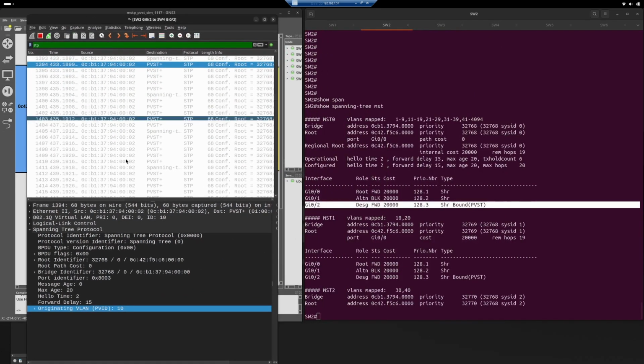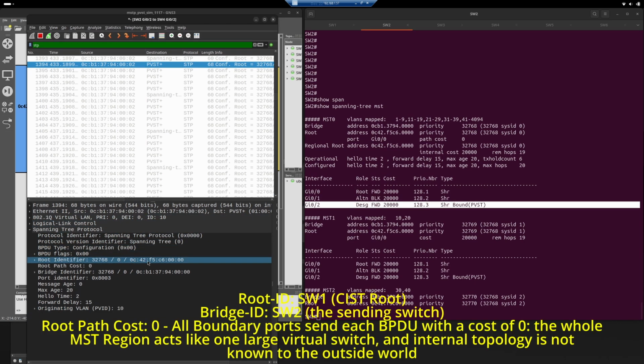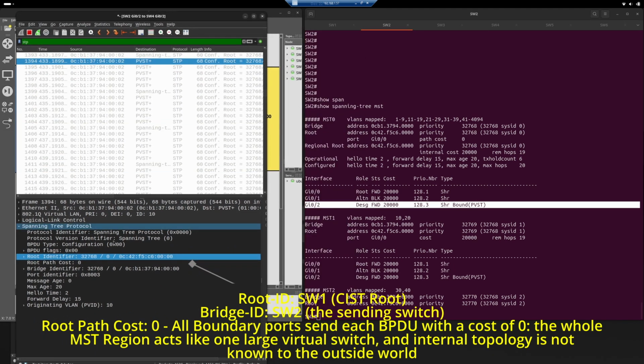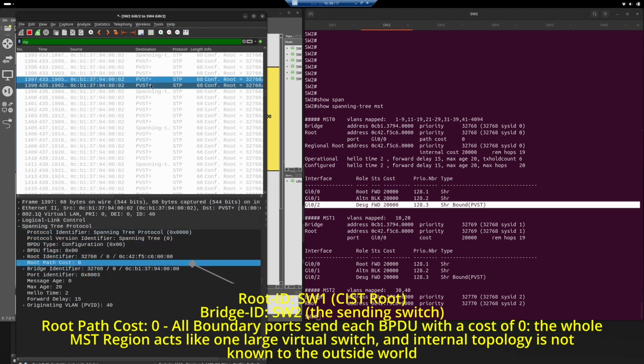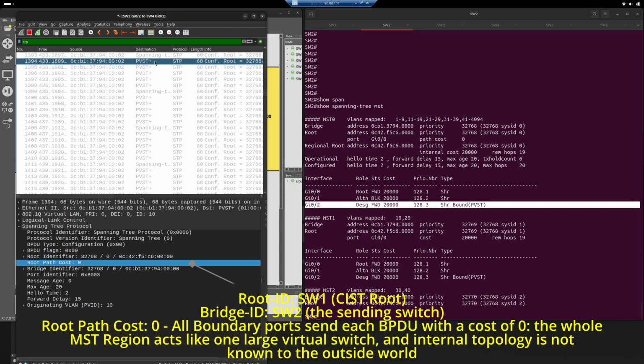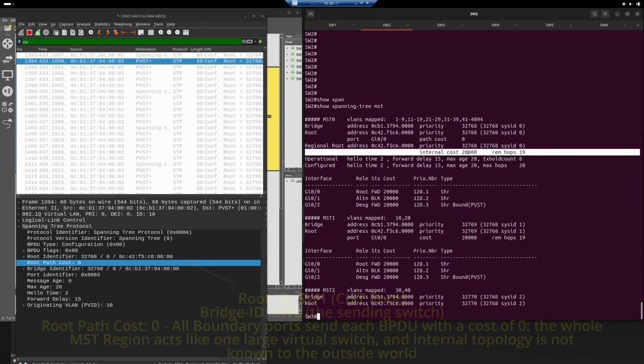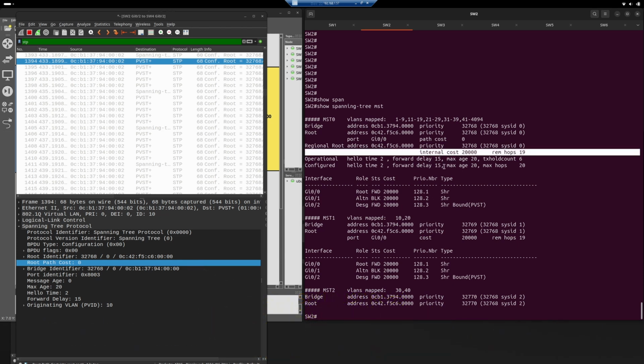So switch 2 is claiming that the root bridge is 0C42, which is again switch 1, and the root path cost is 0 for every single VLAN. So switch 2 hides the internal topology within the MST region, because it has an internal path cost of 20,000, which is the cost to the CIST root.